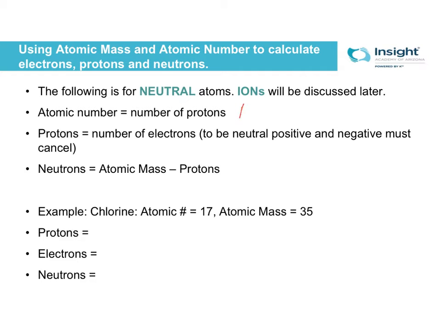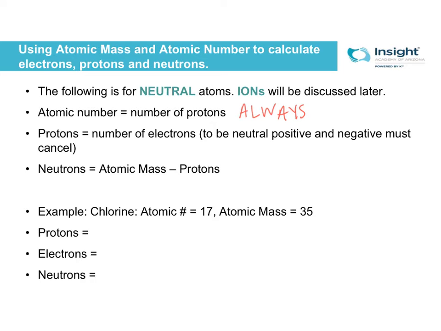This will never change. Always. For a neutral atom, your protons will equal your electrons because protons are positive, electrons are negative. So in order for you to end up being overall neutral, you have to have equal numbers of positive and negative. That way they cancel each other out.